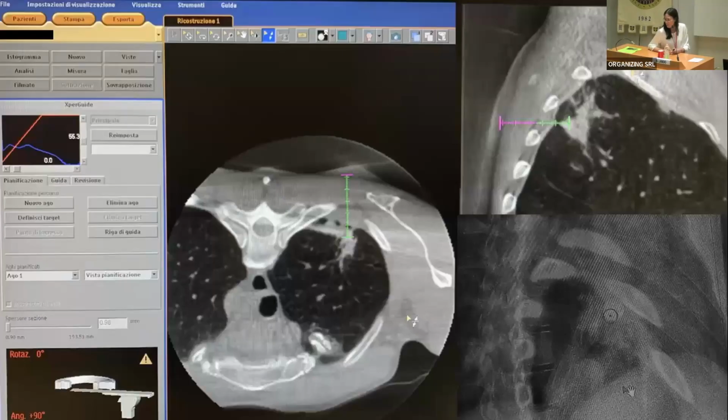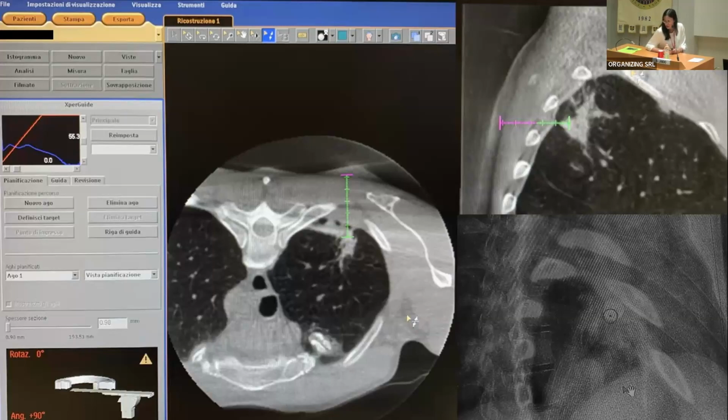The image acquired from the cone-beam CT is something like the one you can see on the slide. The cone-beam CT is integrated with software that allows us to draw a virtual needle by simply pointing the entry point and the target point, and this virtual needle has a centimetric precision.